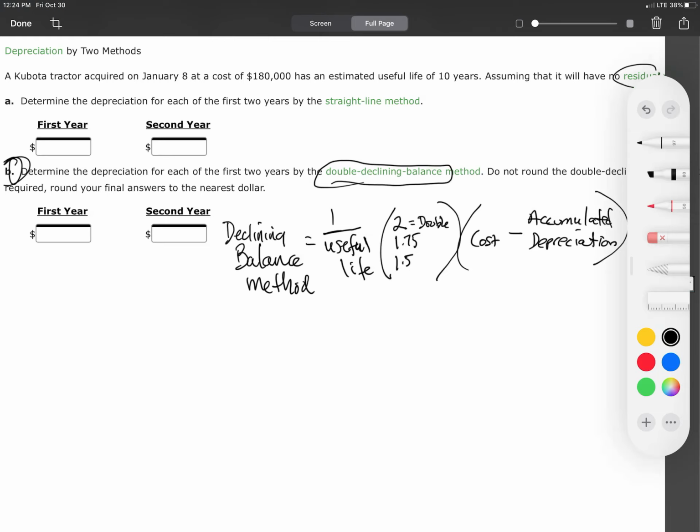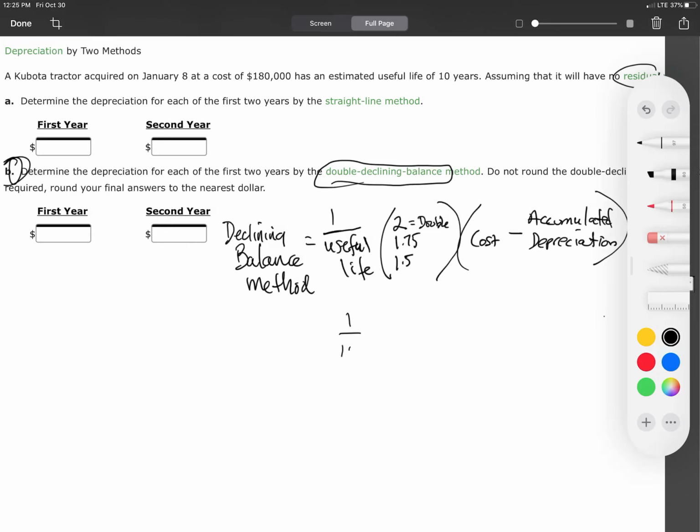The straight line method includes residual value, but this method does not. It's not part of the formula, but a very common test trick is to give you extra information in a question. They'll give you residual value, but there's no place to put it here. And a lot of students try to put it there, but you're supposed to ignore residual value in this formula.